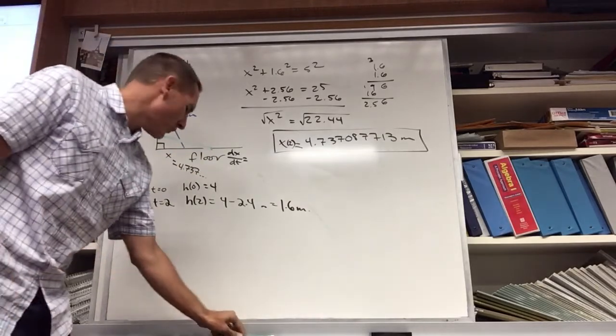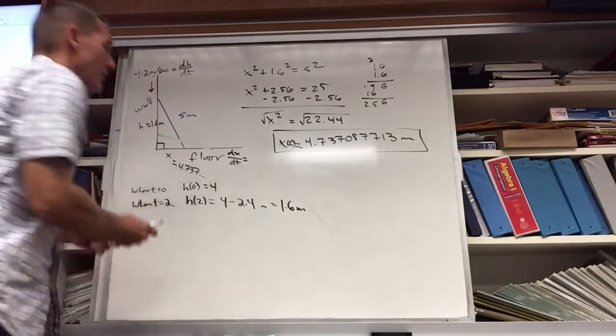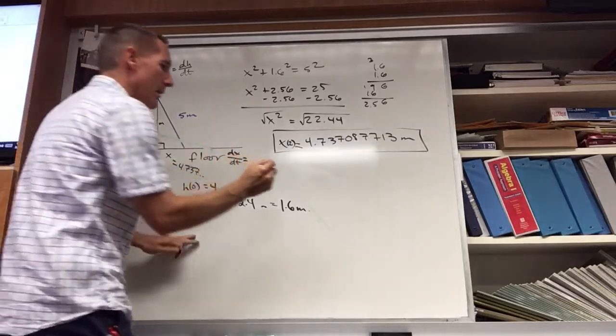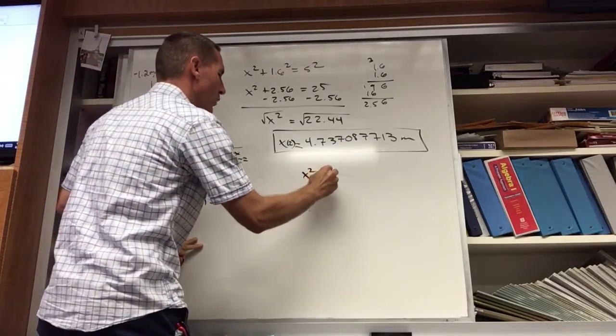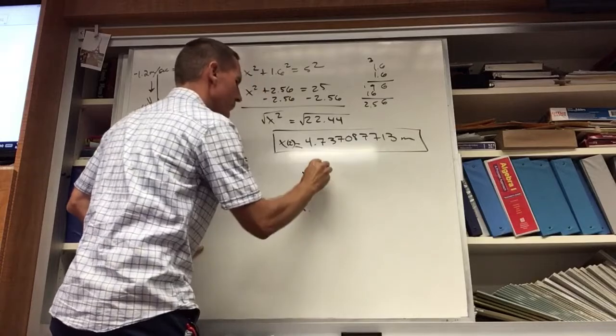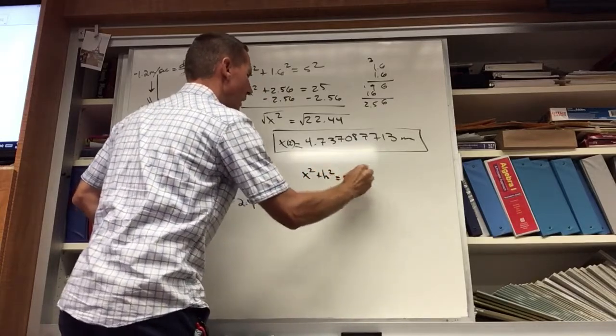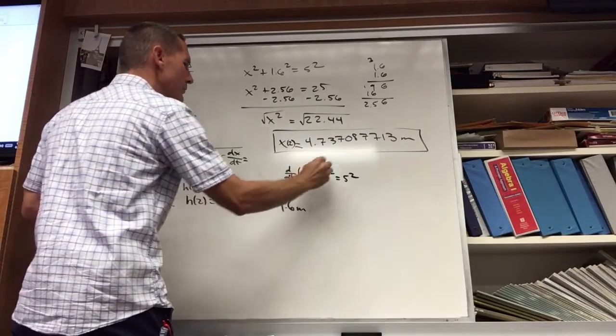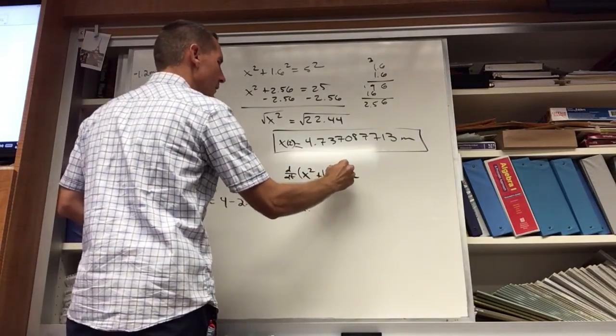So that's what I'm looking for, so I go back to my Pythagorean theorem. x squared plus h squared equals 5 squared. I've already done this in the previous problem, so I don't need to do it again.